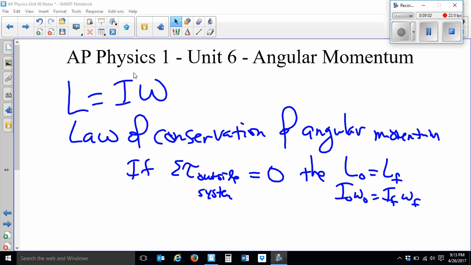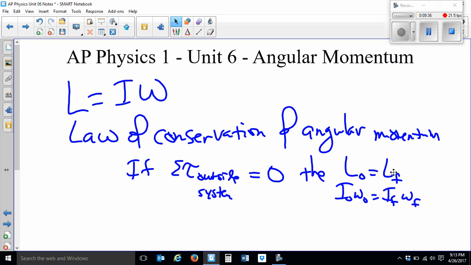Just like we had p equals mv for linear momentum, momentum equals mass times linear velocity, now we have angular momentum equals moment of inertia times angular velocity. And just like linear momentum, we have the law of conservation of angular momentum. If we don't have any torque from outside the system, then the angular momentum of the system at the beginning must be equal to the angular momentum at the end.